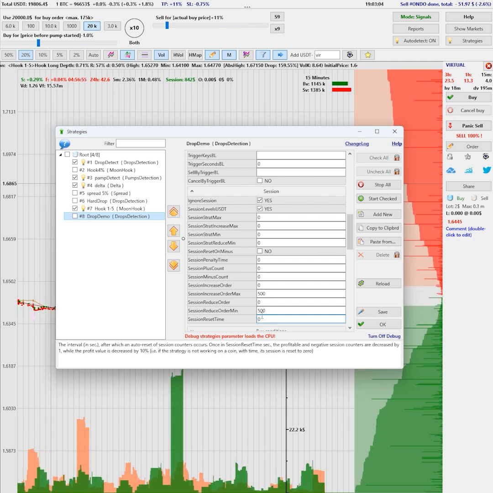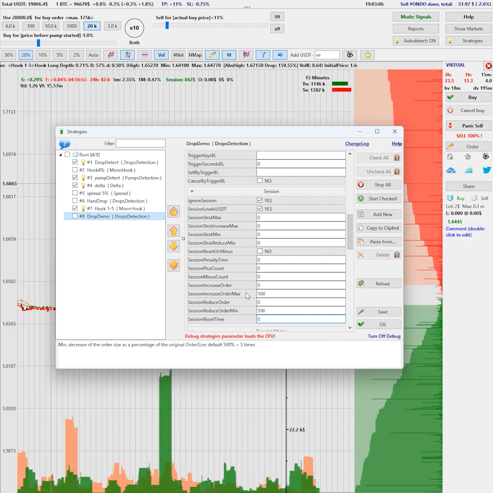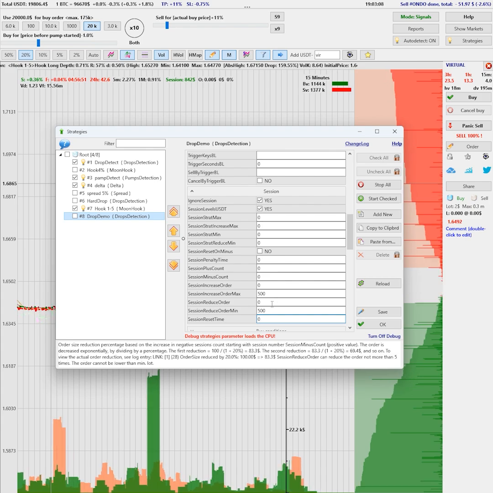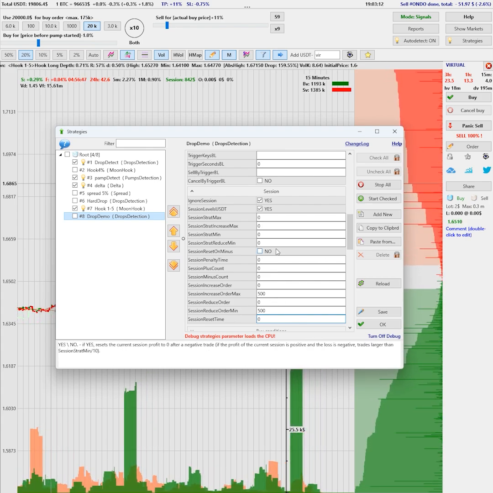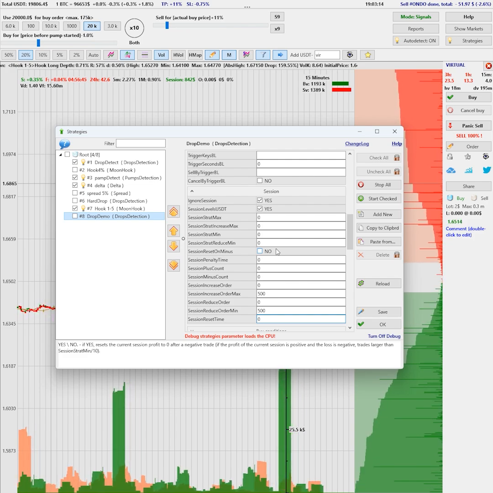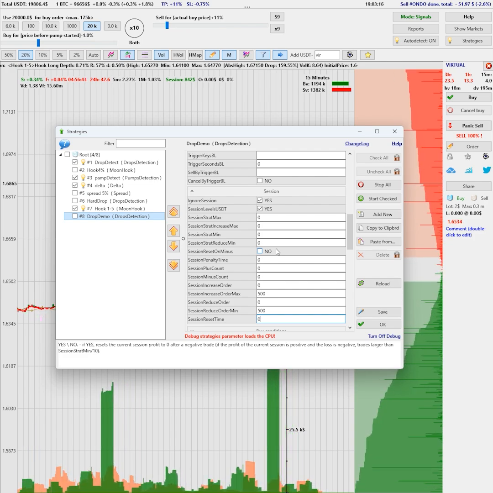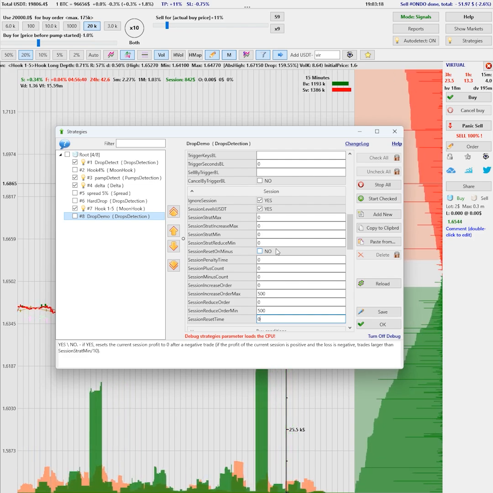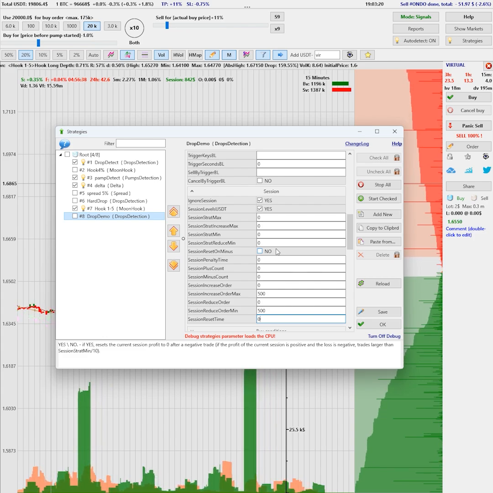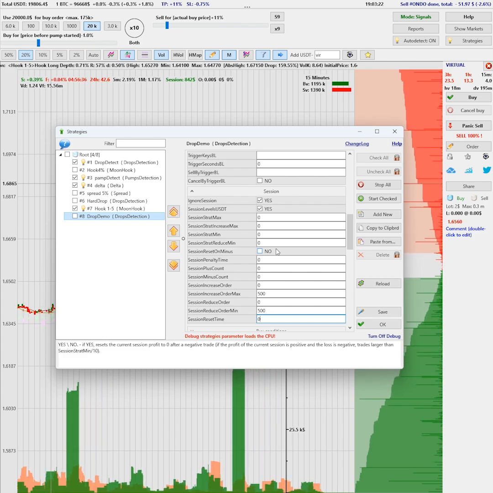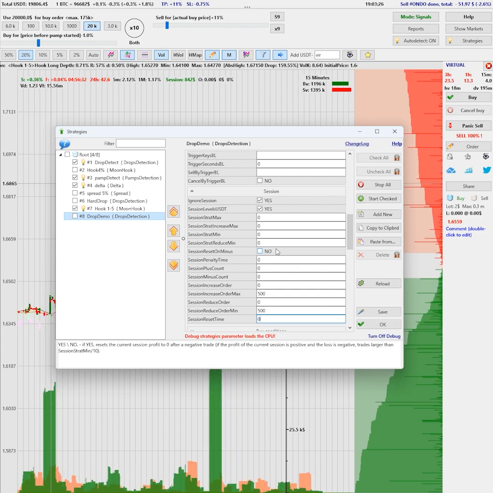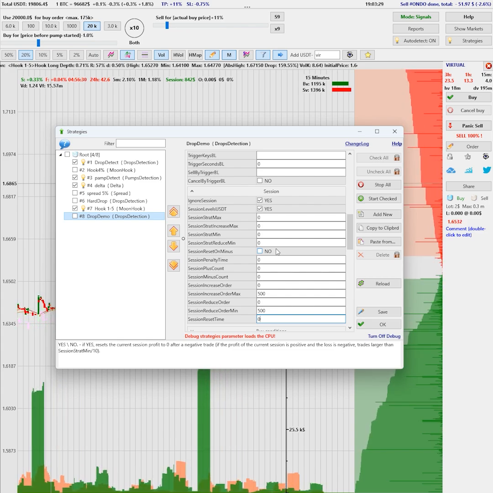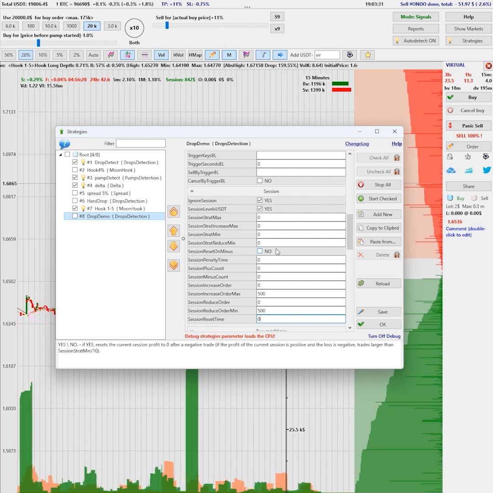This is useful if you want something to run fully automated and you don't even look at it. But chances are you're not going to use any of this. You will still be next to your computer every day to tune these parameters. This is essentially what it does. What I know some people do is they have, let's say, 100 different drop strategies running every day, and they have these set up.